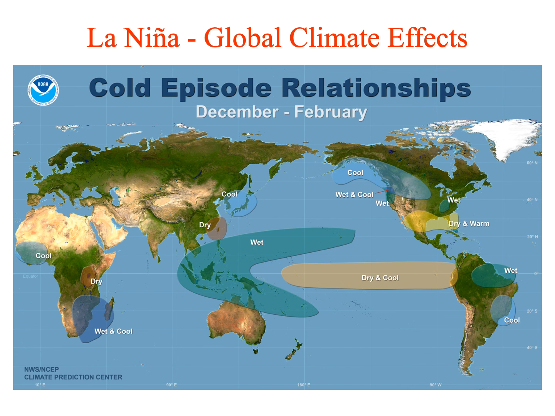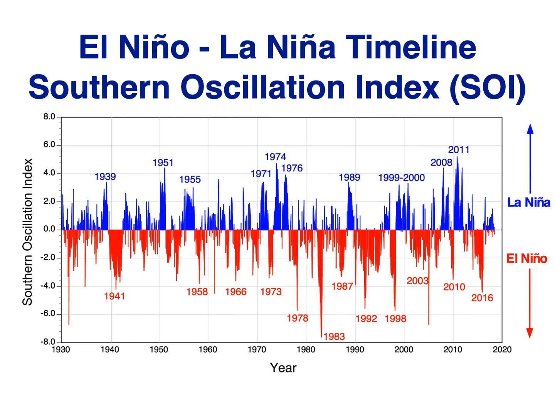So here is the timeline of El Nino and La Nina going back from about 2018 to 1930. And so you can see the cyclical nature of these events. This is an index, so the higher the value on the index, the stronger the La Nina or El Nino event.